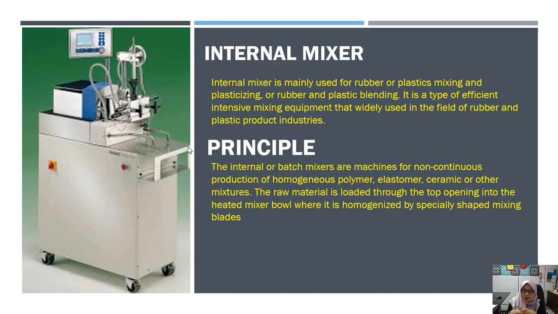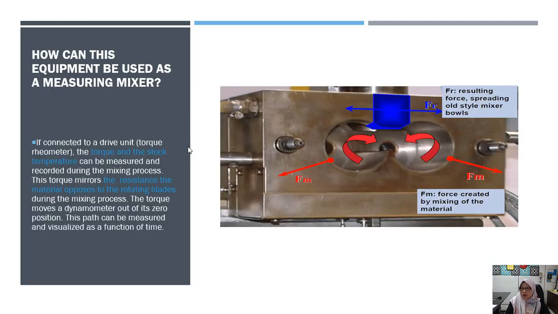After that time you stop the mixer and then you take the polymer out. That's the final product of your mixing. So it is a batch process, not a continuous process, because you put everything together, you stop, and then you get your polymer.